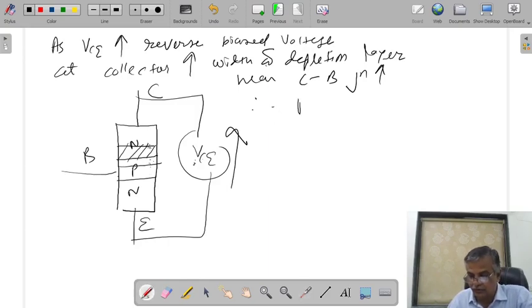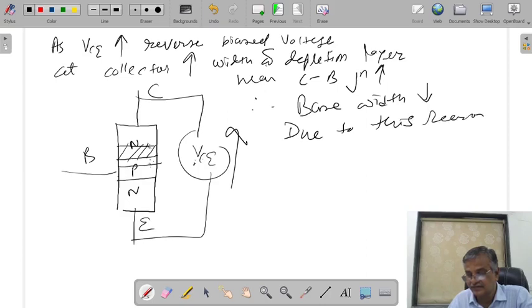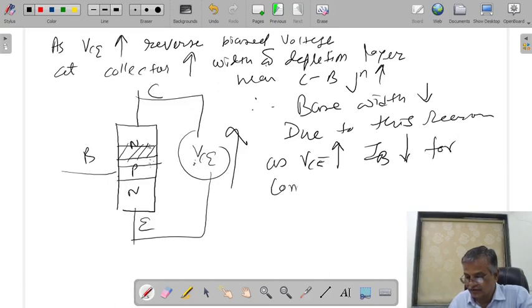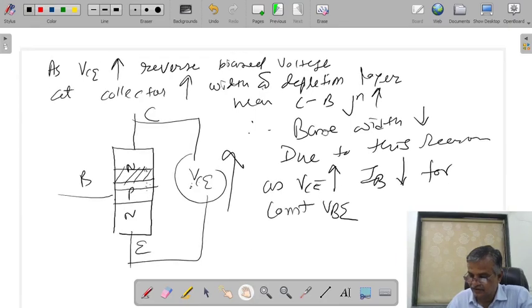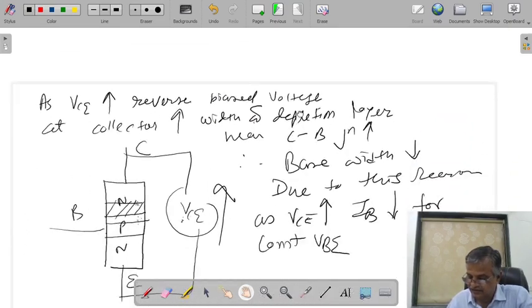Therefore, base width decreases. Due to this reason, as VC increases, base current decreases for a constant VBE that you can see here.